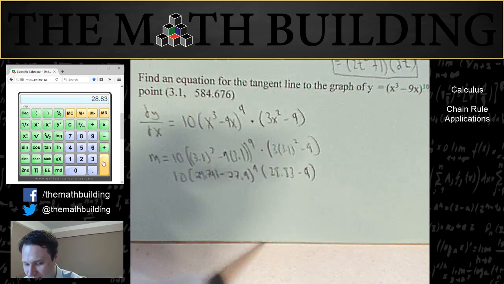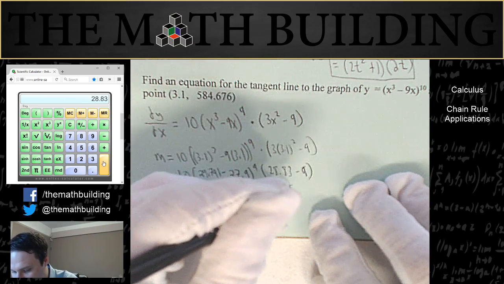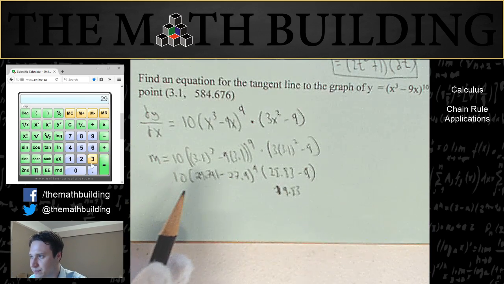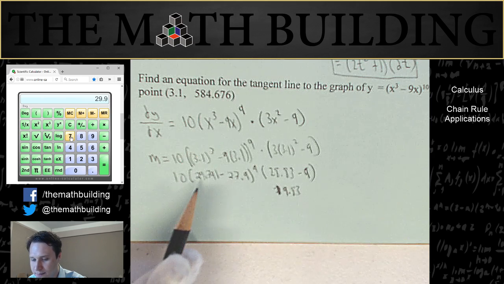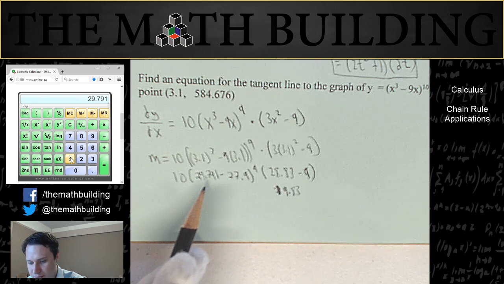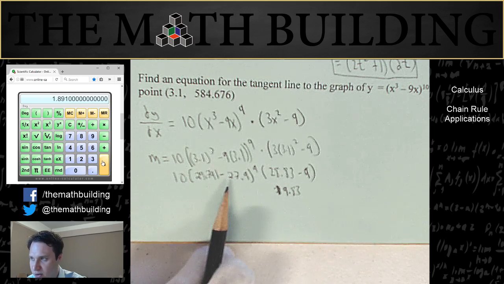All right, so here's what we got. It's going to be 19.83 when we take off the 9. 29.791 minus 27.9, so we get that number. We're going to take that to the 9th power, pretty steep, times 10.